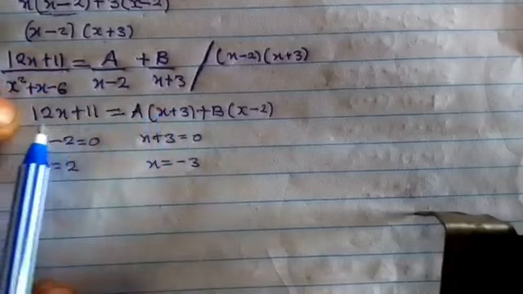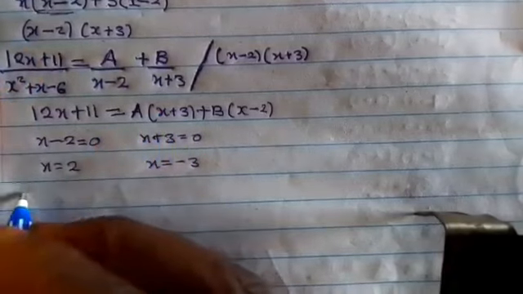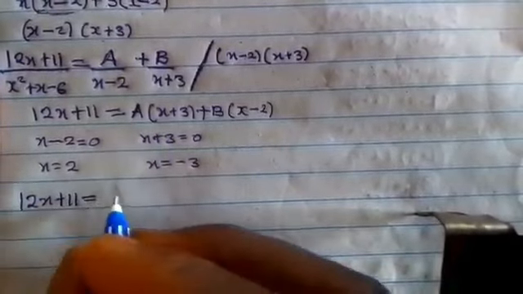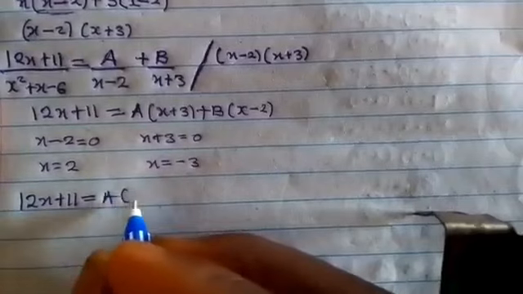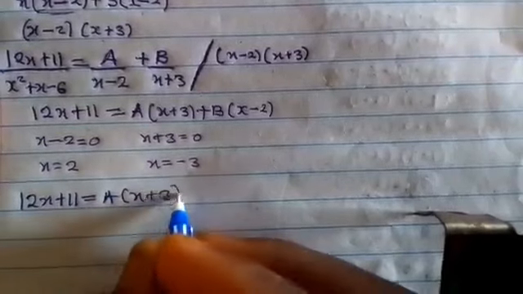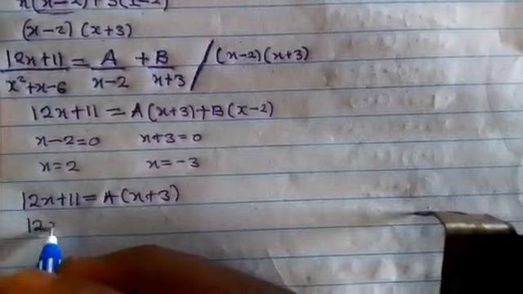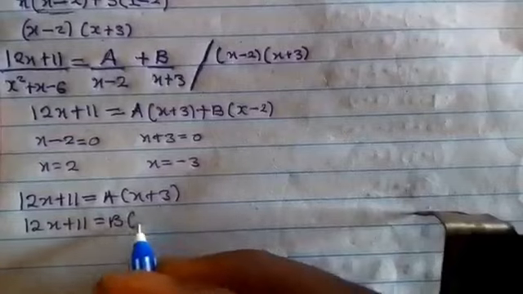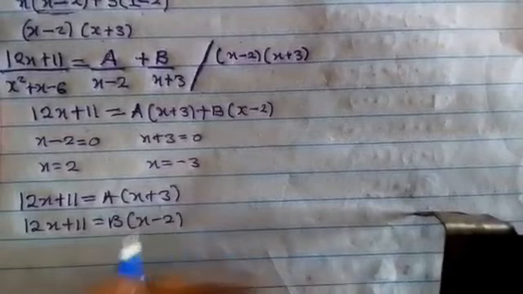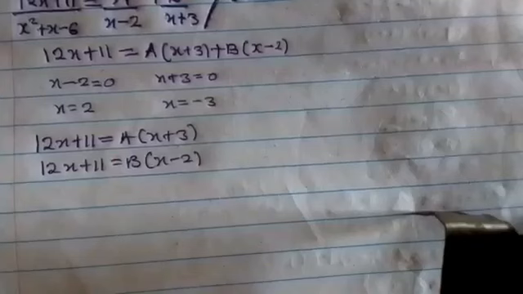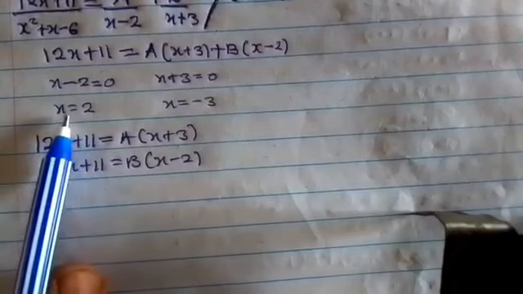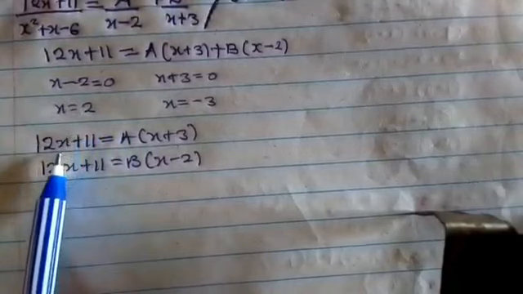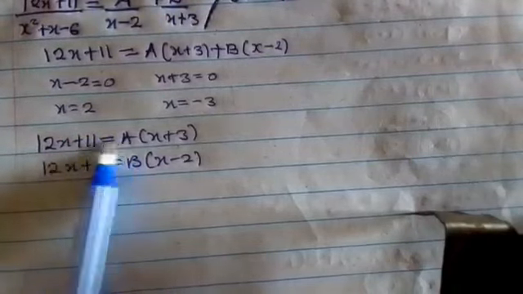So, likewise, I'm going to do the same, whereby when I write 12x plus 11, I'm going to equate to a, open bracket, x plus 3, and also 12x plus 11 is equal to b, open bracket, x minus 2, then close.